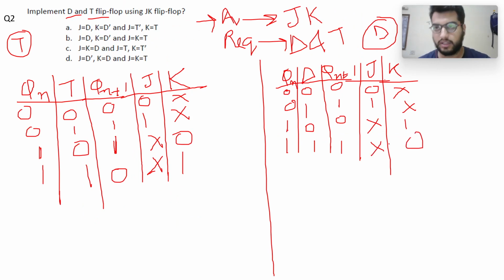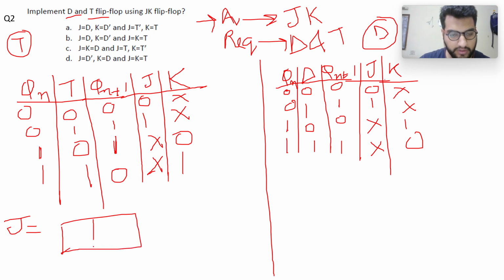Now we have to write the Boolean expression. So first we'll write the Boolean expression for J, and we'll just use K-map. Here I have Qn, and here I have T, 0 1 0 1. So this thing is like this, 0 x 1 x, and we'll have this pair, so that implies J is equal to T, right?